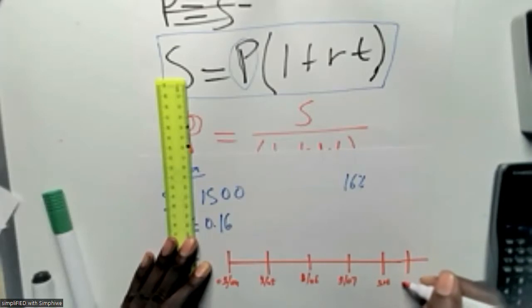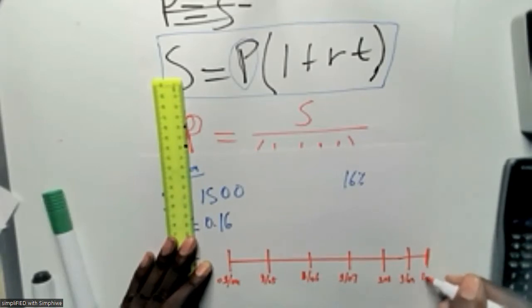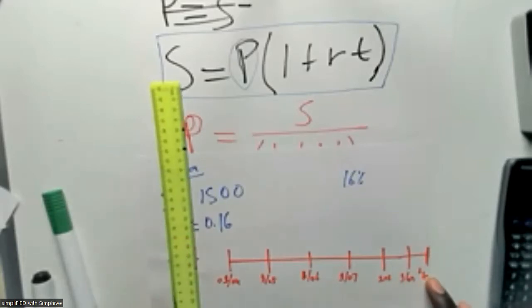The 1st of September. I'm running out of space there. And the 1st of October. I'll put it here, the 1st of the 10th month. You can just write this in a clear scale for yourself. So this is the 1st of April, the 1st of May, the 1st of June, the 1st of July, the 1st of August, the 1st of September, and the 1st of October, which is the total period.